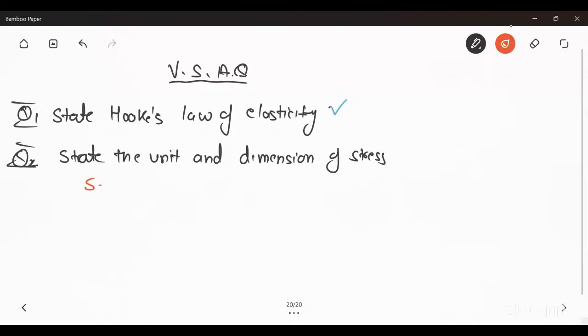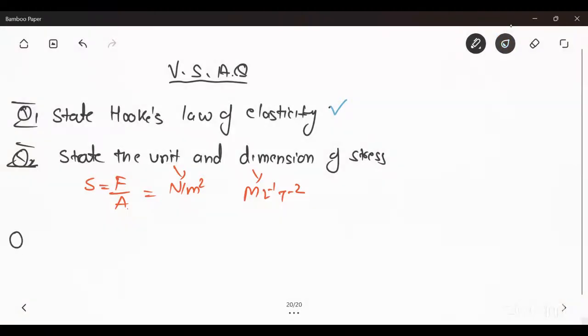Stress is equal to force upon area, so its unit will be Newton per meter square. The dimensional formula of force is MLT^-2 and the dimensional formula of A is L^2, so the dimensional formula will be ML^-1T^-2. All of these are your previous year questions.